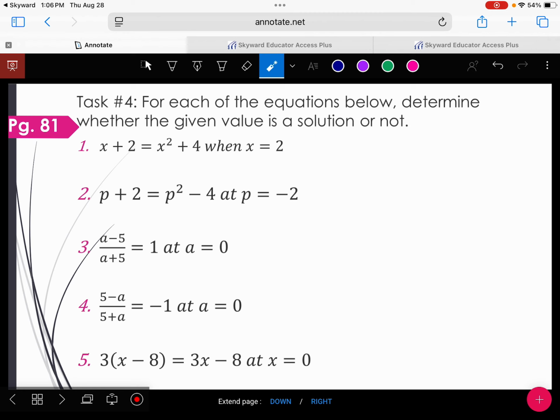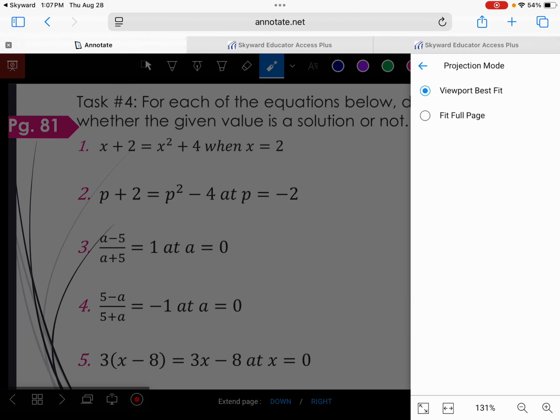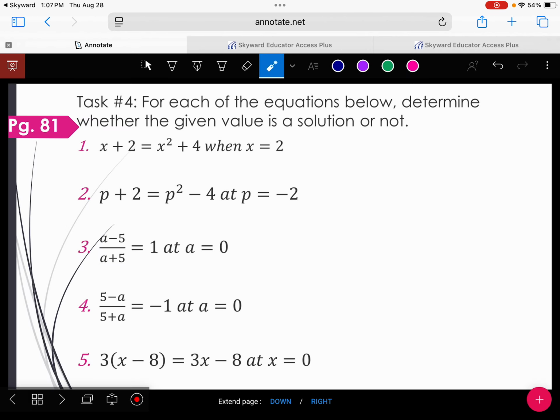The next one we're going to look at is on the next page, page 81. We have several equations here. We are not going to be trying to solve them to get an answer. We are given a possible answer and asked to see if it's true or not.